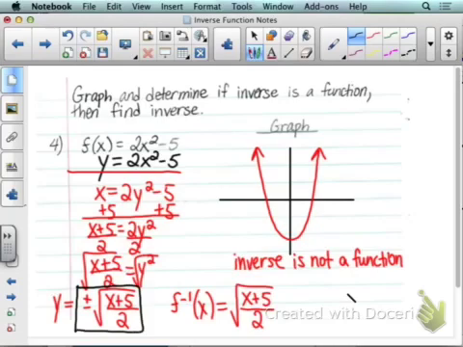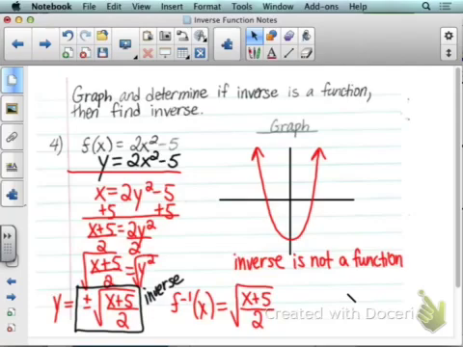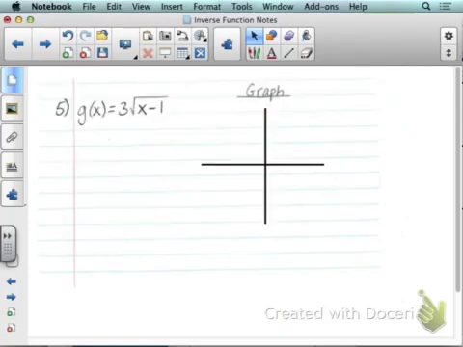Using function notation, the positive part would be the only part that would work for the inverse function notation. Now if I ask you for the inverse, you do want to give me that information. We can't put the function notation since it's not a function, but that's something that you want to pay attention to.